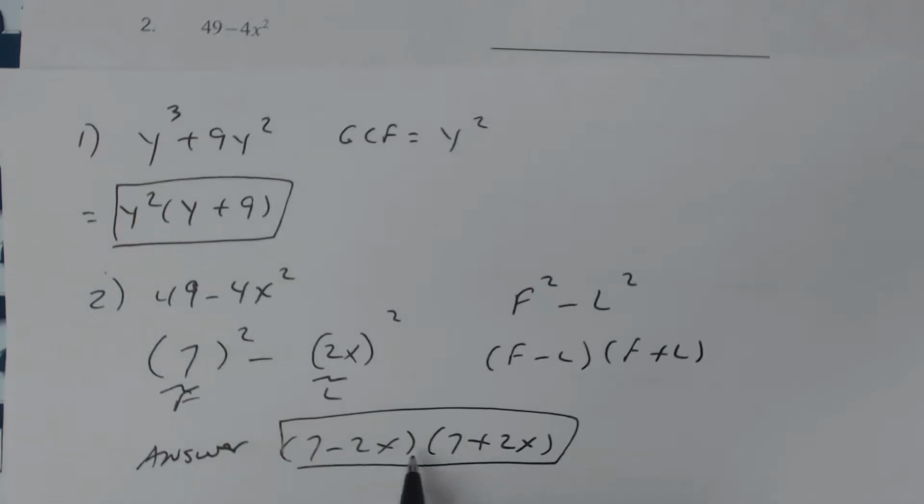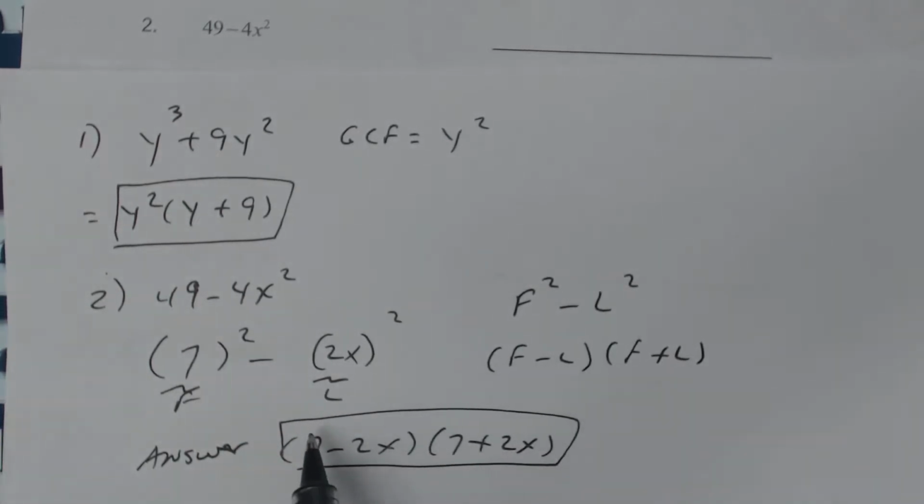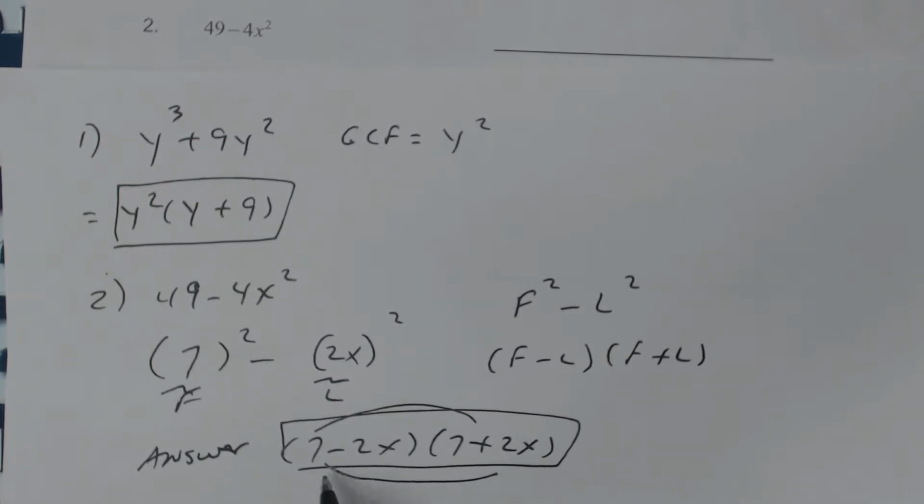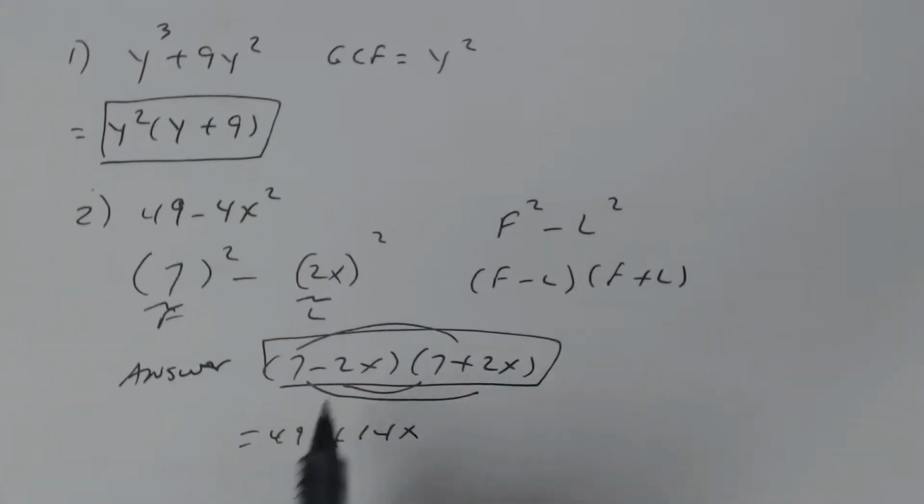And you can always check yourself. You have time to do that. FOIL this thing out. Whatever you put here, if you FOIL it out, you better get 49 minus 4x squared back, and you do. Look, 7 times 7 is 49. The outer, 7 times 2x is a positive 14x. The inner, a negative 2x times 7 is a negative 14x.